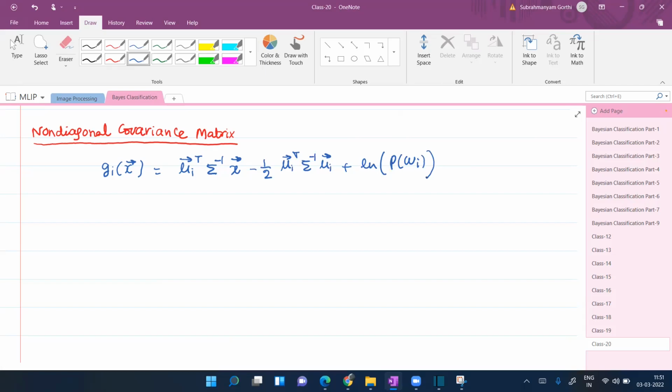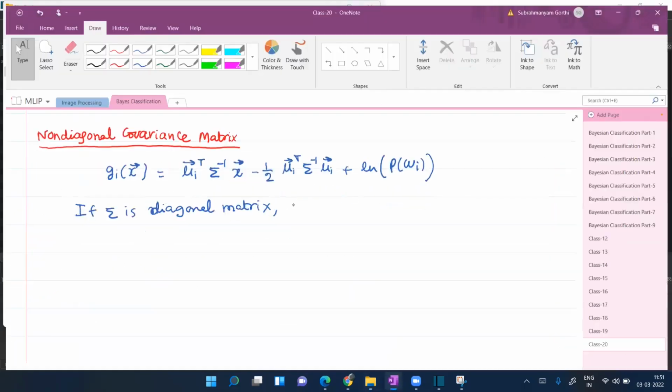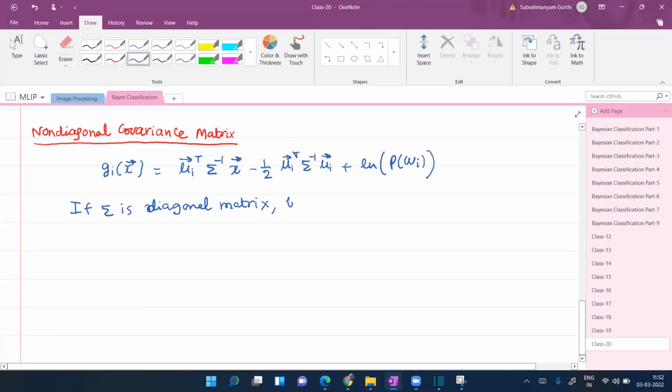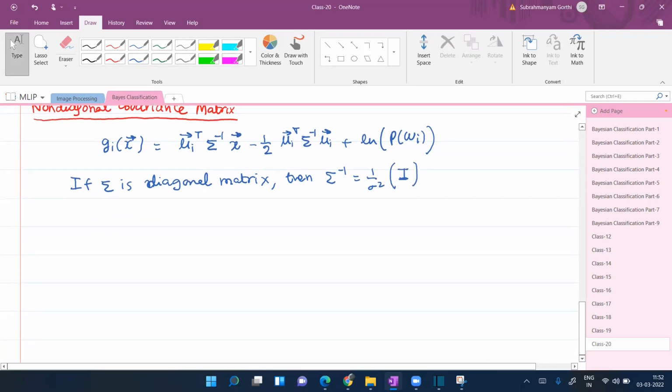If you track back from that equation to the earlier ones, where we assumed that it's a diagonal one, and you still have a doubt, if sigma is a diagonal matrix, this would help you keep track of the earlier things and compare with the earlier equations. Then your sigma inverse value will be equal to what? 1 by sigma square into the identity matrix. Sigma is a diagonal matrix.